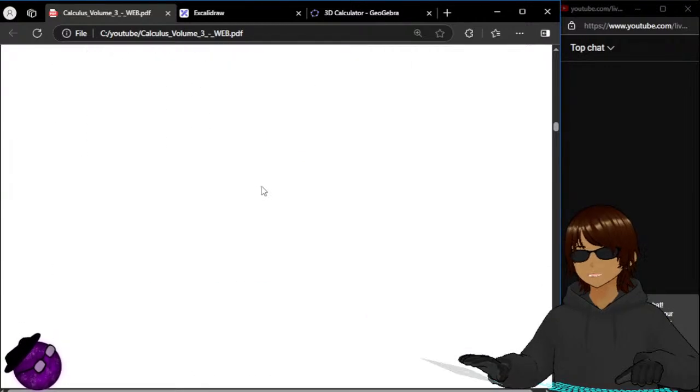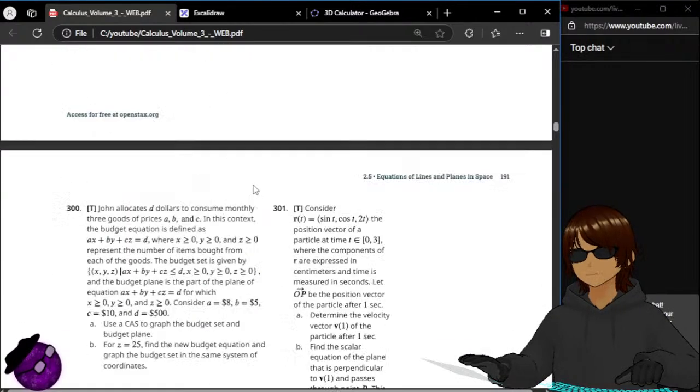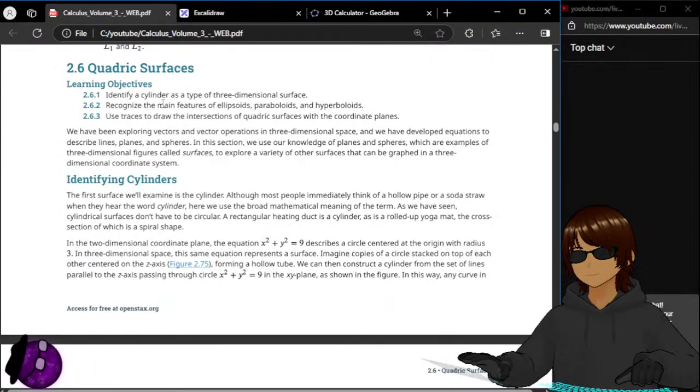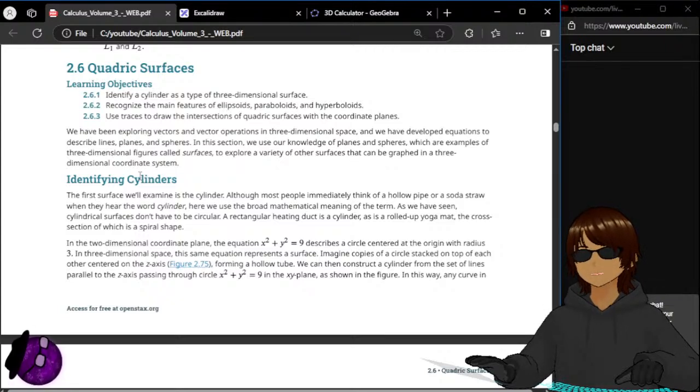So going to the next chapter. The first surface we will examine is the cylinder. Although most people immediately think of a hollow pipe or a soda straw when they hear the word cylinder, here we use the broad mathematical meaning of the term.